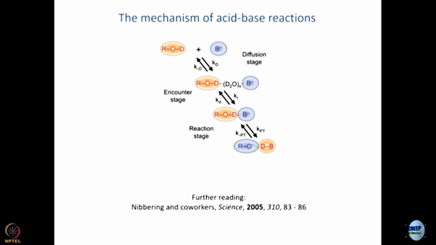All of us have studied in school that acid base reaction is very fast and you cannot define the mechanism. That is not true any longer. It has not been true for 12, 13, 14 years now, because the mechanism of acid base reaction has been worked out using ultrafast UV pump or visible pump IR probe experiments.